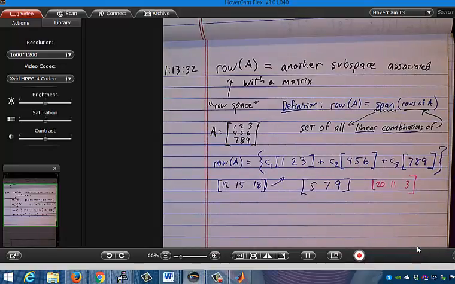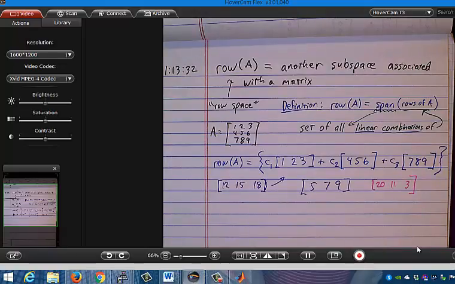Is it in the row space? That's the question, right? How would I decide? Well, what I really have to do is say I'm setting this equal to that, and trying to find C1, C2, and C3 such that I have linear combinations that give me the pink vector.